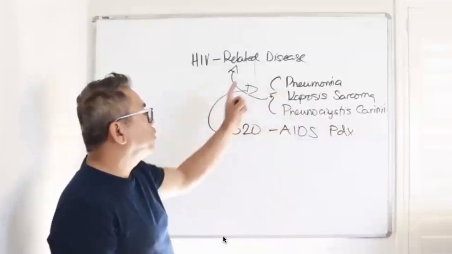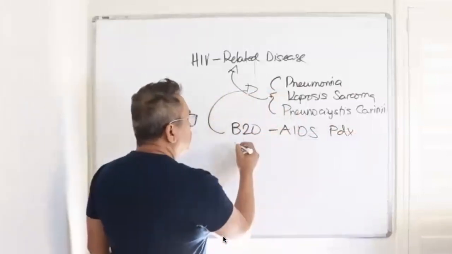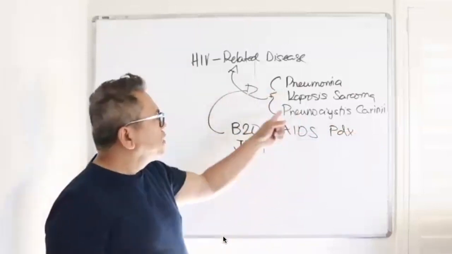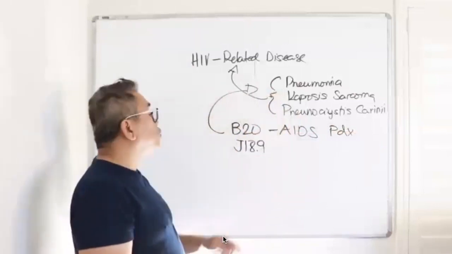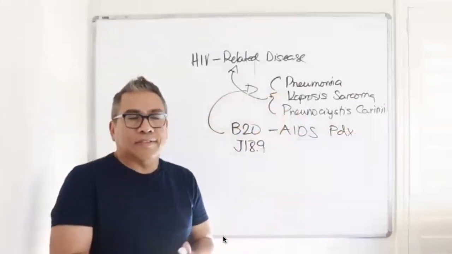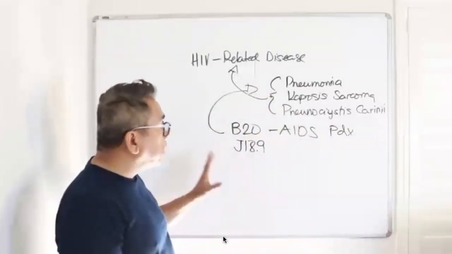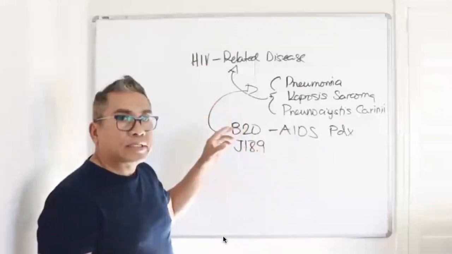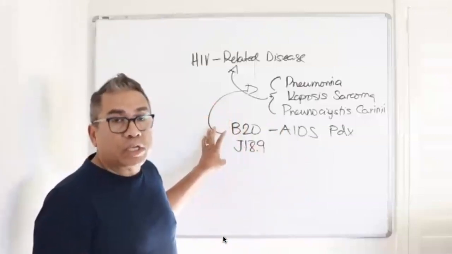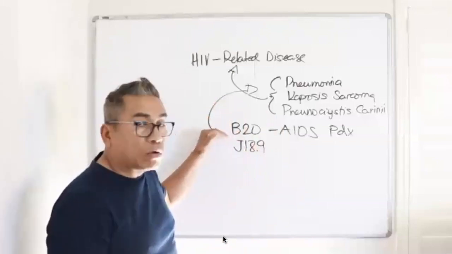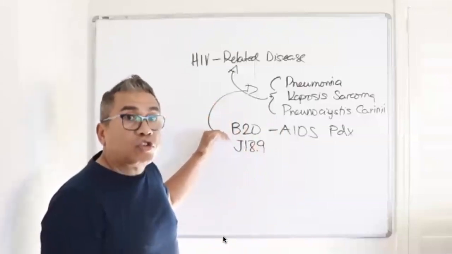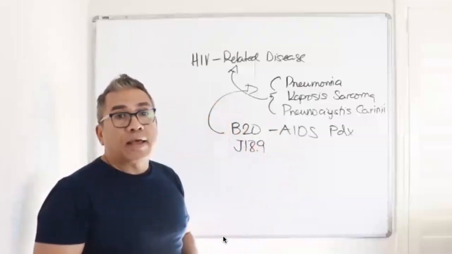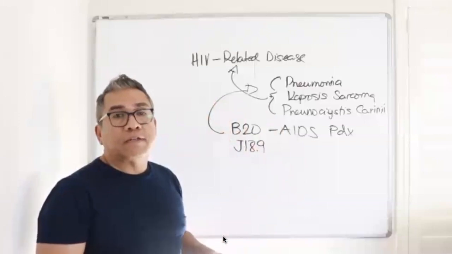For pneumonia, from the top of my head, I remember it's J18.9. For Kaposi sarcoma, I'm not so sure what the code is; I have to look it up in the book. But the main takeaway is the sequencing rule: the B20 or AIDS code should be assigned first, followed by any of these AIDS-related or HIV-related conditions.